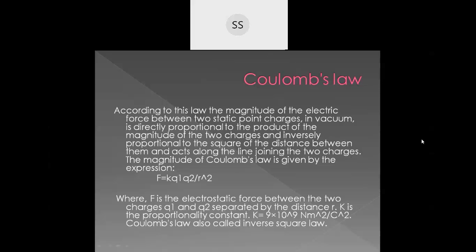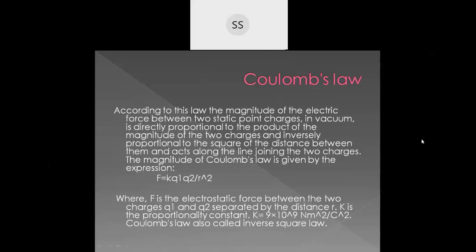Okay, so we know that positive and negative charges attract each other and charges with the same sign repel each other. When they attract and repel each other, they use some force on each other. That force was explained by Coulomb, and that's why this law is called Coulomb's law.